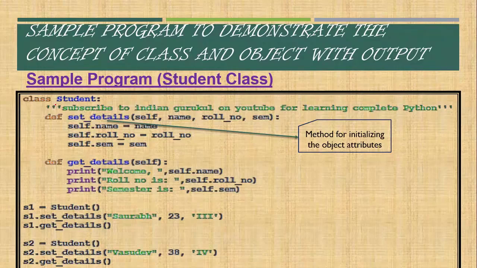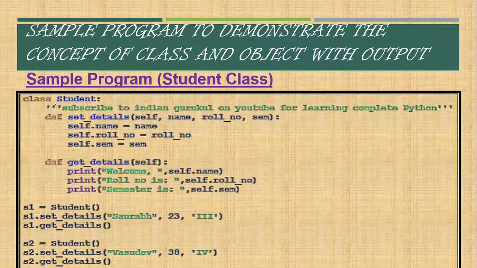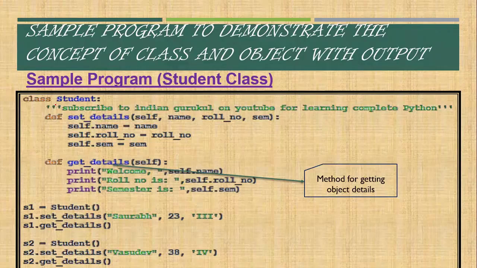This method which was there, the set details method, we use to initialize the object attributes. And then this method, the get details method, was used to get the object details.